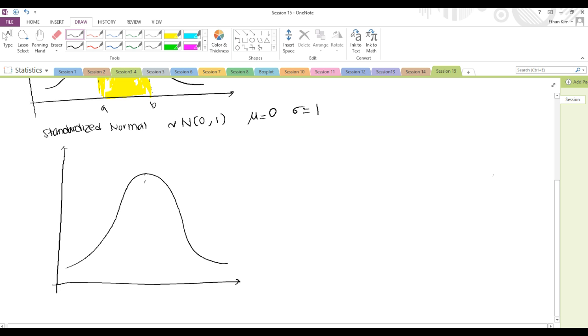Mu is always 0, and standard deviation is 1. So we can transform any normal distribution to approximate probability.